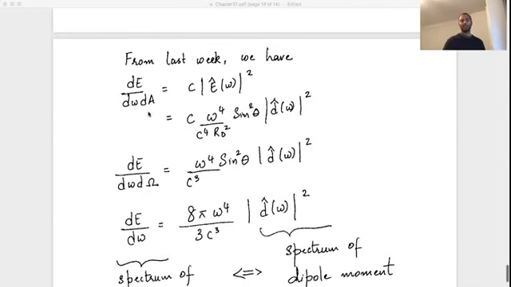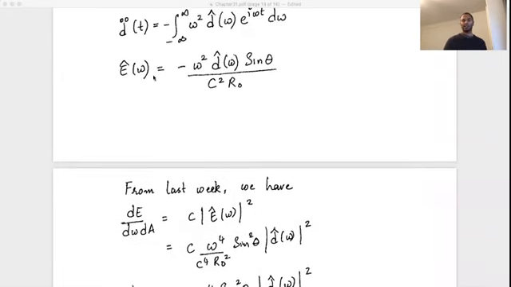Again, from last week, the total energy radiated, by going through the Poynting theorem, the Poynting vector, the energy radiated per unit area, not per unit time now, right now it's per unit frequency, is just c times E hat of omega squared. So you can just substitute that here. So we have E in terms of the Fourier transform of the dipole moment.